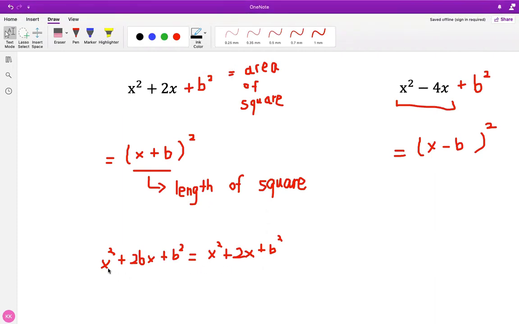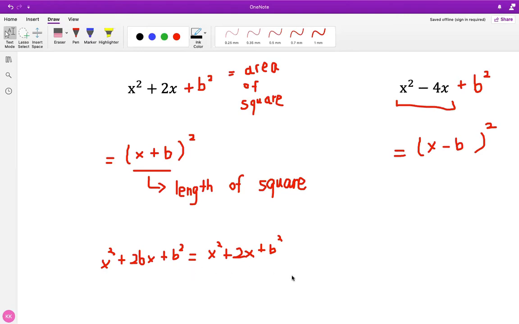We see that the first term and the third term are equal in these two expressions. The only difference is the middle term: 2bx is different from 2x. Because I want to make these two equal, the middle terms must be equal as well.